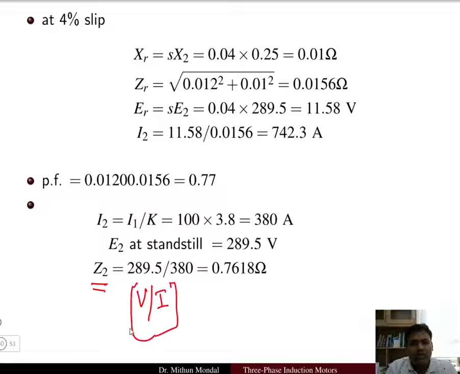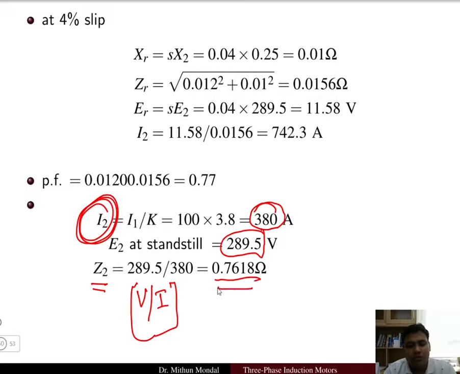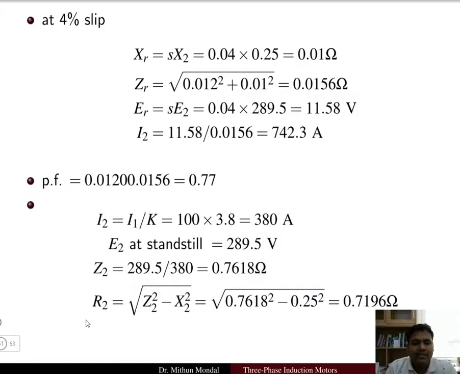So the standstill voltage 289.5 divided by the new value of the current, that is 380 ampere, I2 in the rotor circuit, gives 0.7618 ohms. Hence the resistance R2 is equal to the square root of Z2 square minus X2 square. So Z2 we have calculated as 0.7618, and the reactance is 0.25.